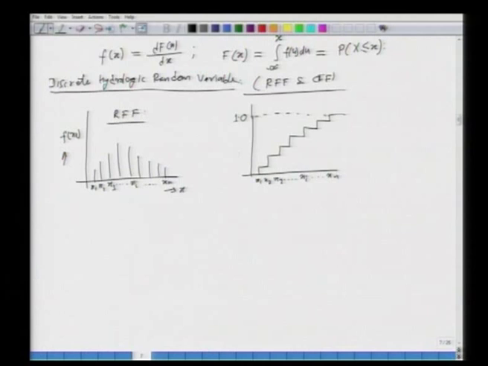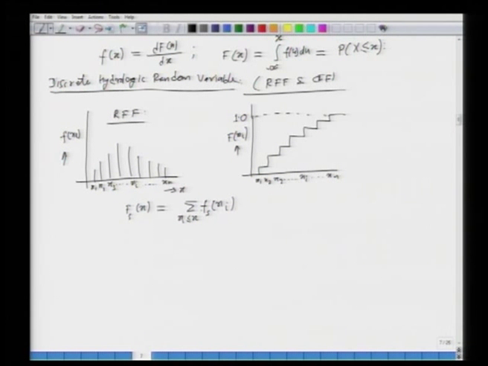Just to complete it, we are defining here capital F of xi. The relationship is that F of x for your sample is the summation of f of xi, such that xi is less than or equal to some value x.